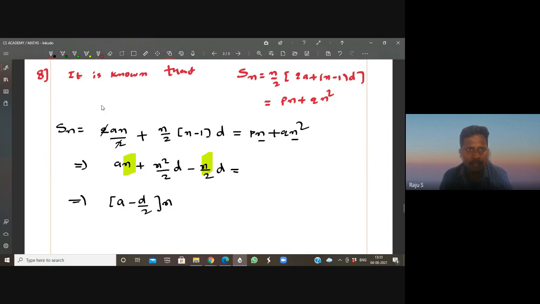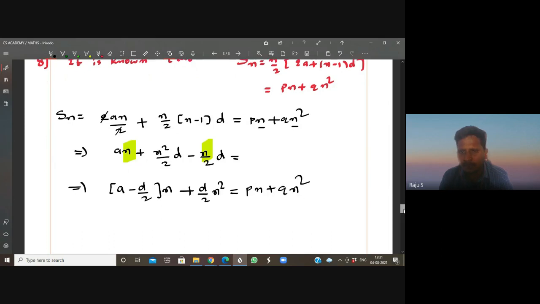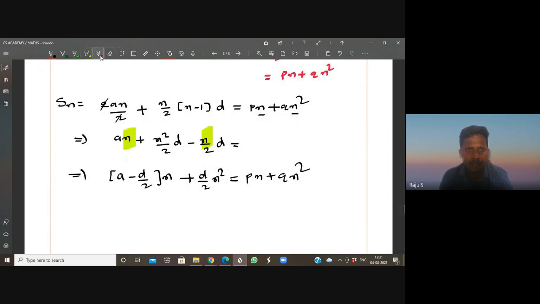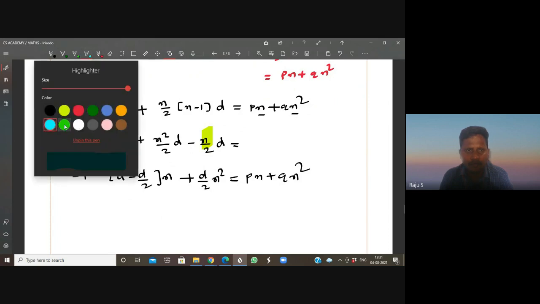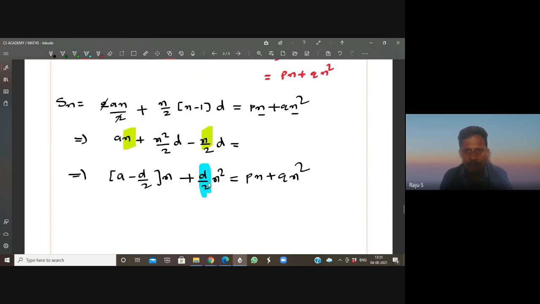So a minus d by 2 into n plus d by 2 into n square is equal to Pn plus Qn square. Now comparing on both sides, what about the n square coefficient, students? This is d by 2 here.